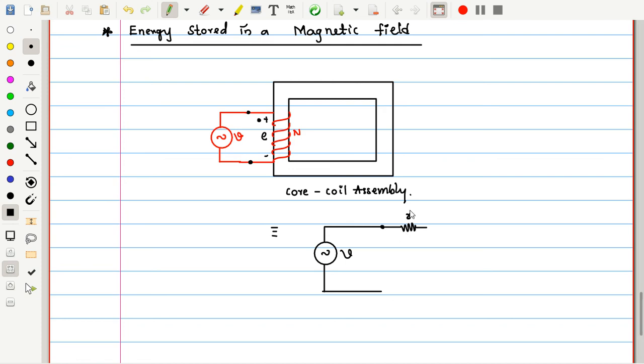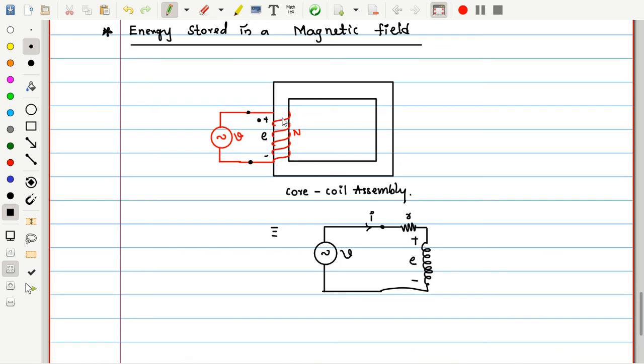That resistance is R, and now let me take this entire coil as an ideal one. No resistance for this portion, whatever resistance is there I took out, separately as R. The entire induced EMF is E, and let us say the current flowing through this is I. So for this core coil assembly, I made the practical equivalent circuit like this.